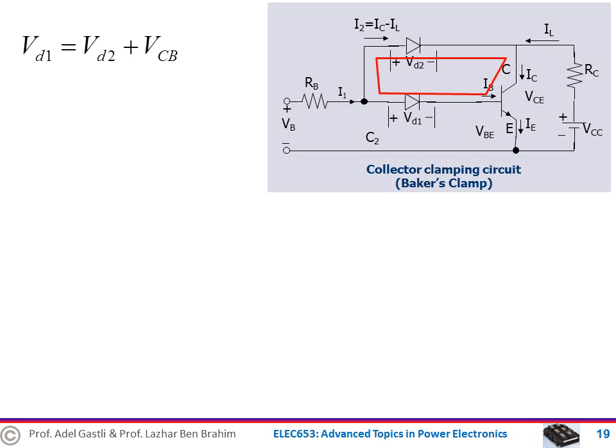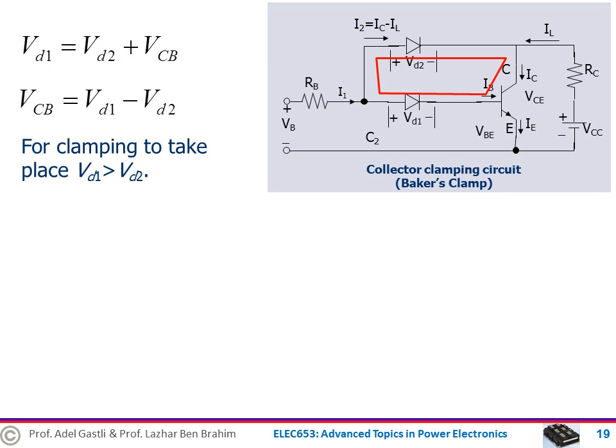According to Kirchhoff voltage law, in the loop shown in the red color here, we can write that the voltage drop across the diode D1 is equal to the sum of the voltage drop across diode D2 plus the voltage drop across the collector and base terminals of the transistor. This equation can be rearranged by writing VCB is equal VD1 minus VD2.